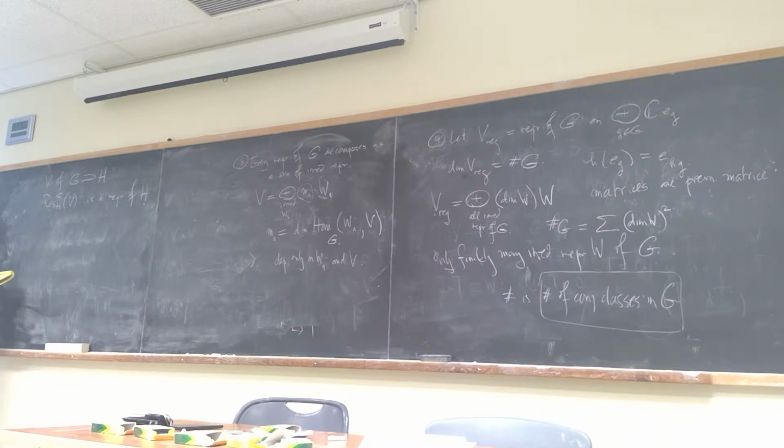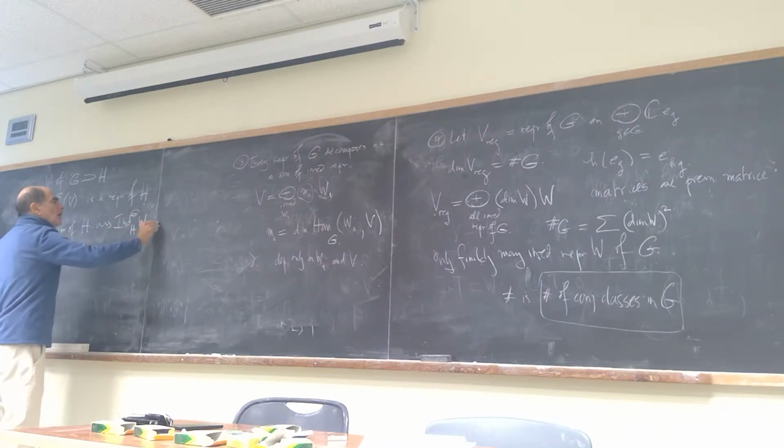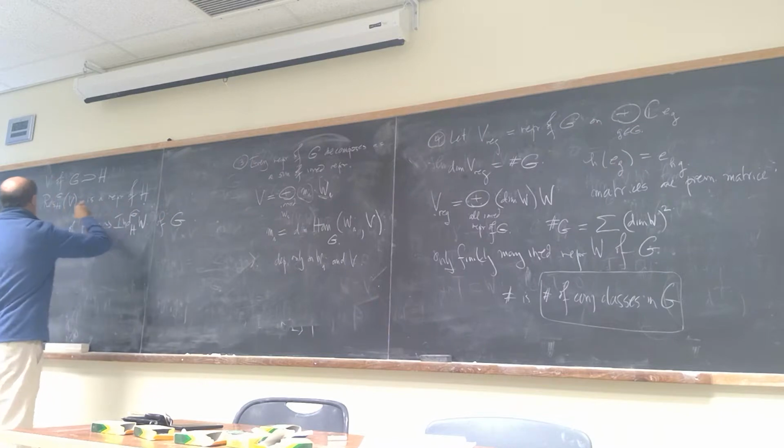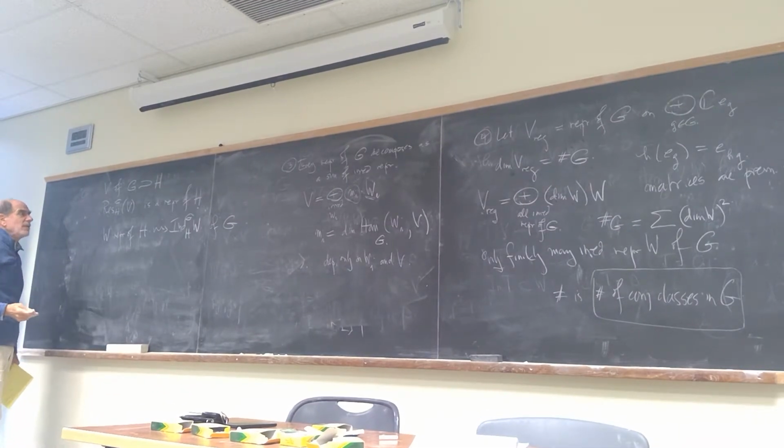So if you have a representation W of H, Frobenius constructed a representation called the induced representation of G. Here, the restriction representation is just on the vector space V, so it has the same dimension.